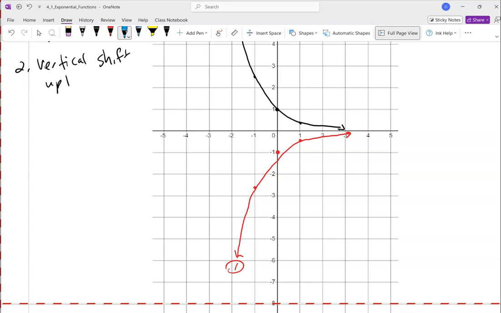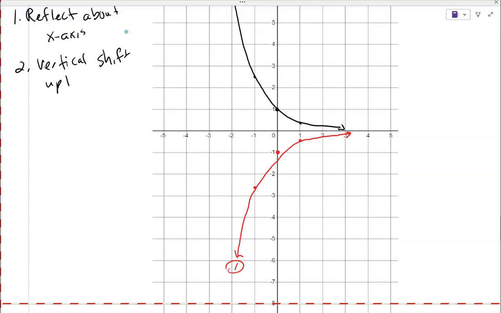So for our horizontal asymptote, it's going to move up 1 as well. So it's going to end up here at y = 1. And then everything gets shifted up 1. So this goes here, this goes here, this goes here, and you get the final graph of that one.